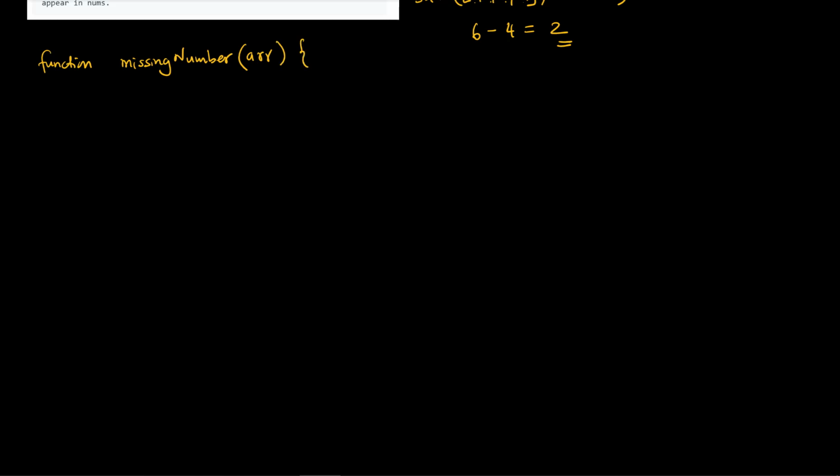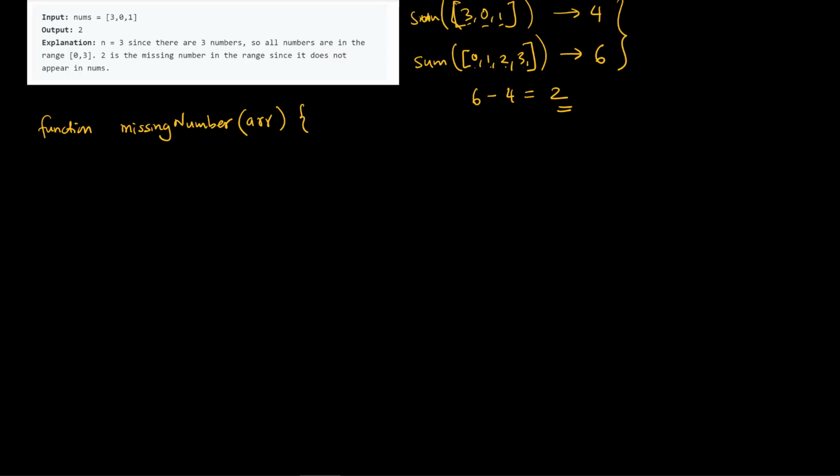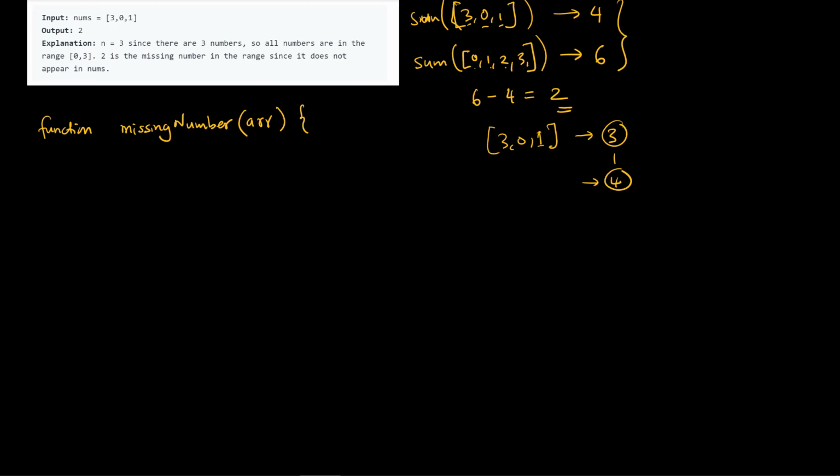So one thing to know, if a number is missing, if the array length, if 3, 0, 1, if that array length is 3, it means the original one was supposed to be 4. Okay, so that's how we can tell if a number is missing. So the original one, then it means this is our n.